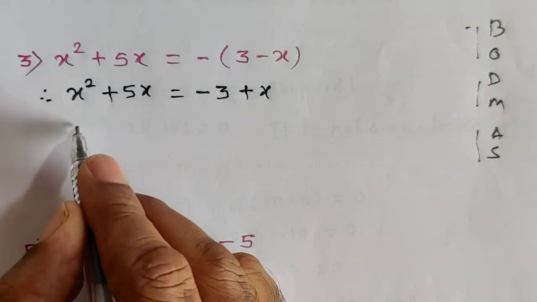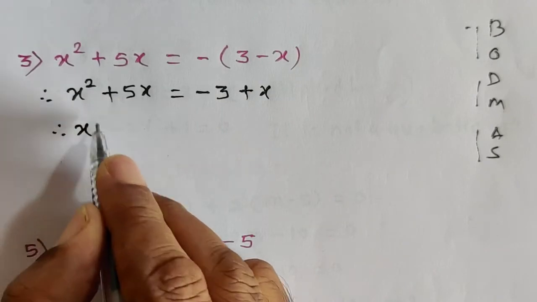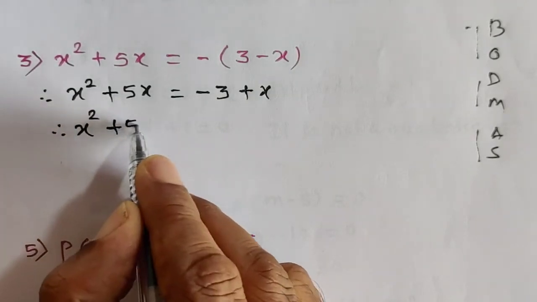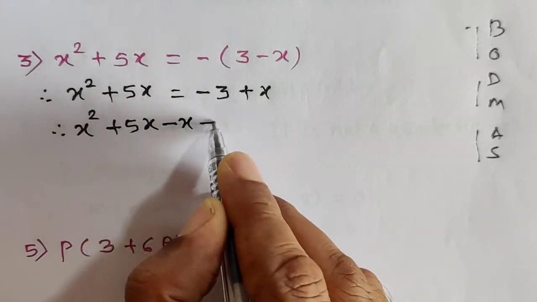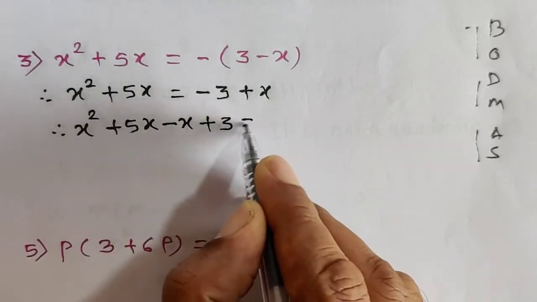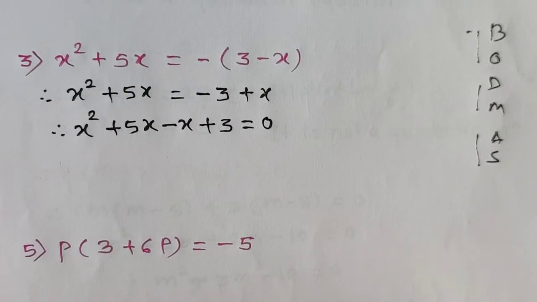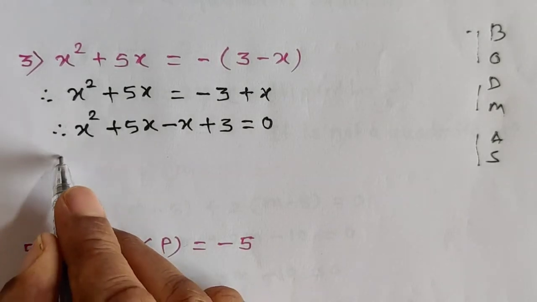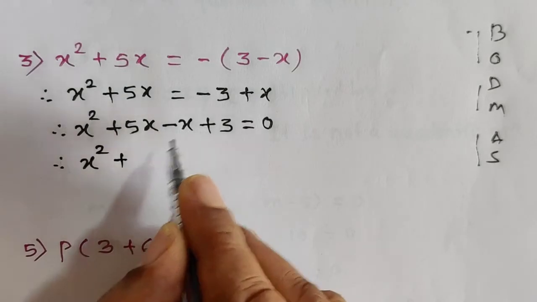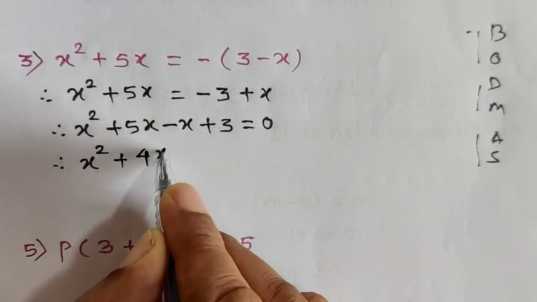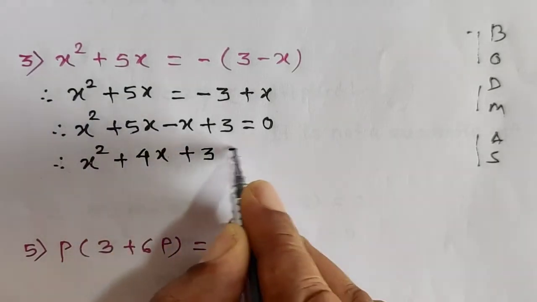Now write the terms on the left hand side. x square plus 5x, this x becomes minus x and 3 becomes plus 3 is equal to 0. Therefore after simplification, x square plus 5x minus x is 4x, plus 3 is equal to 0.